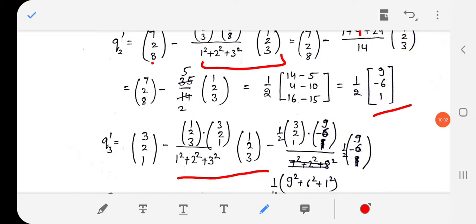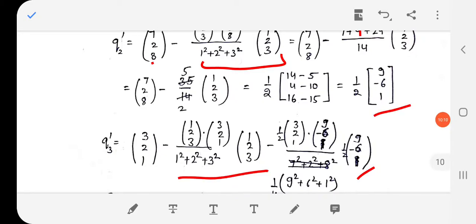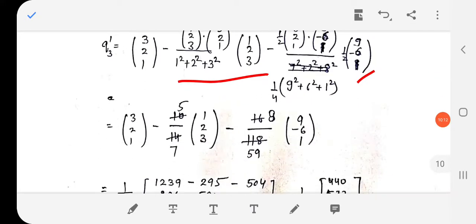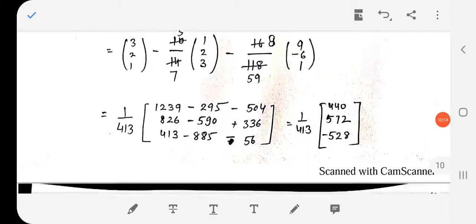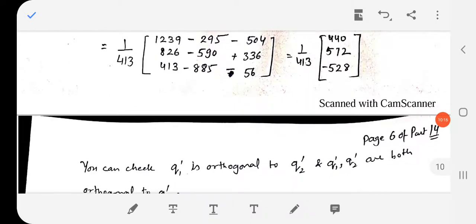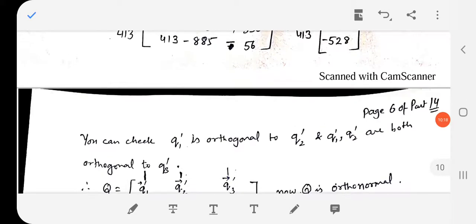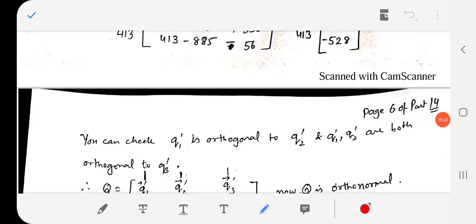You can see it here. So we subtracted the projection along the previously found two vectors, and finally we come up with this. Now you can check that q1 dash is orthogonal to q2 dash, so these are orthogonal to each other.